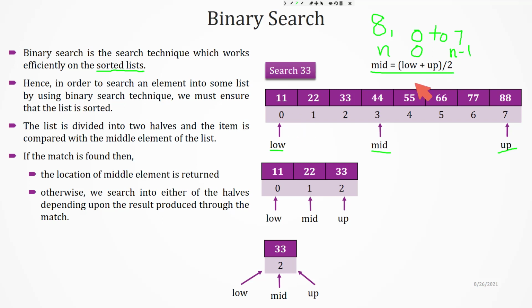Low here is 0 and up here is 7. 7 by 2 is 3. So we store 3 in a variable called mid. Mid points to the middle element. It is not exactly the middle element, it is almost the middle element.